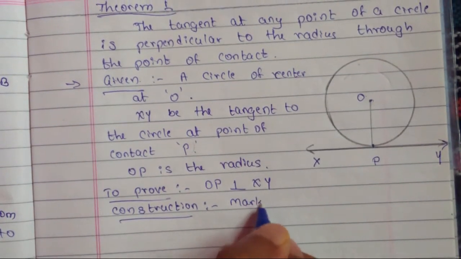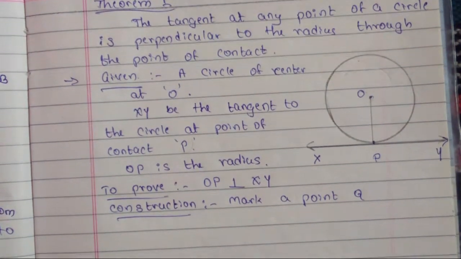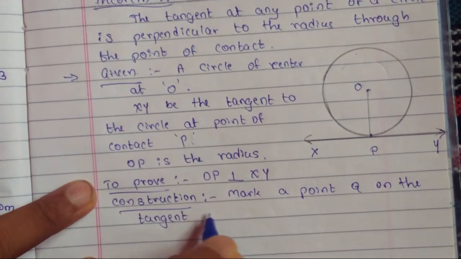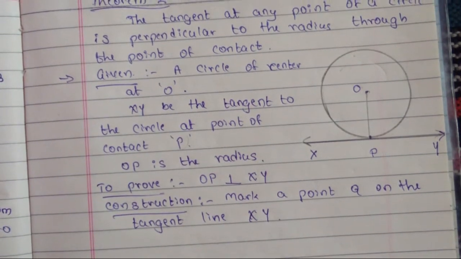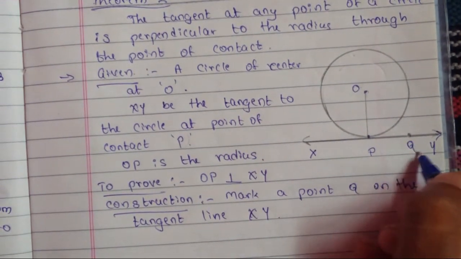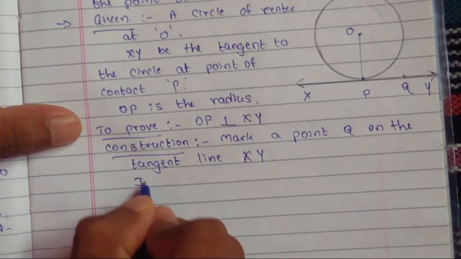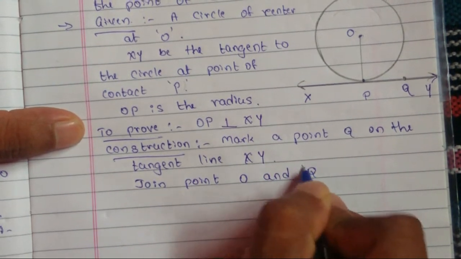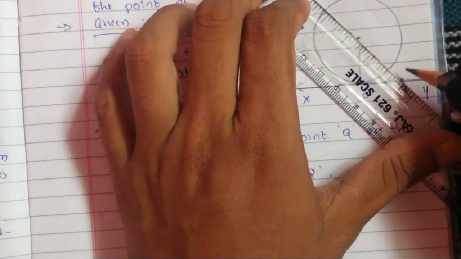Mark a point Q on the tangent line XY. I will mark one point here, and that point is Q. Next step, join point O and Q. I will join the 2 points.